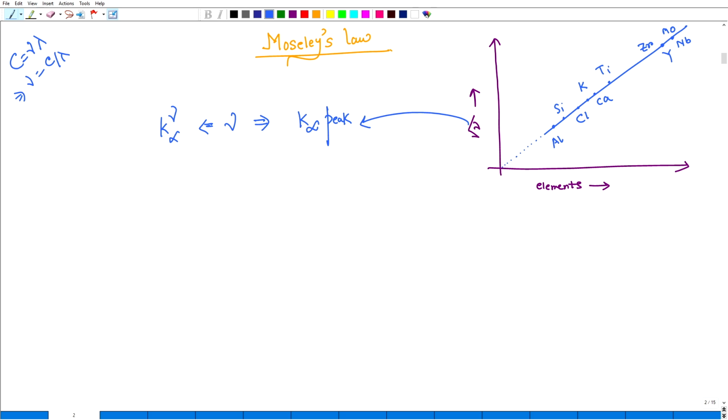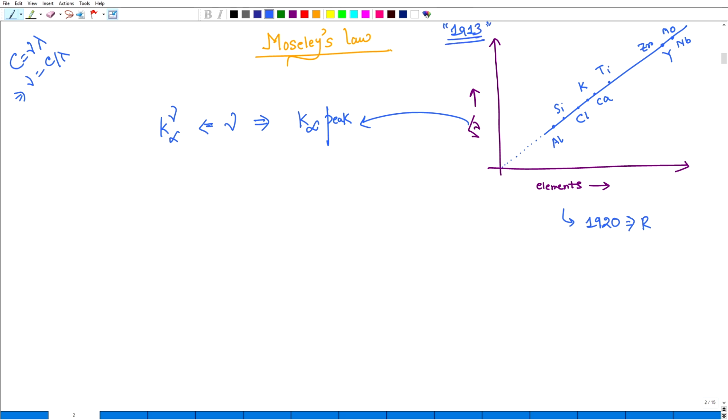So this was the result, and this result was analyzed, or we can say explained, by Rutherford in 1920. I think, yes, this result was obtained by Moseley in 1913.